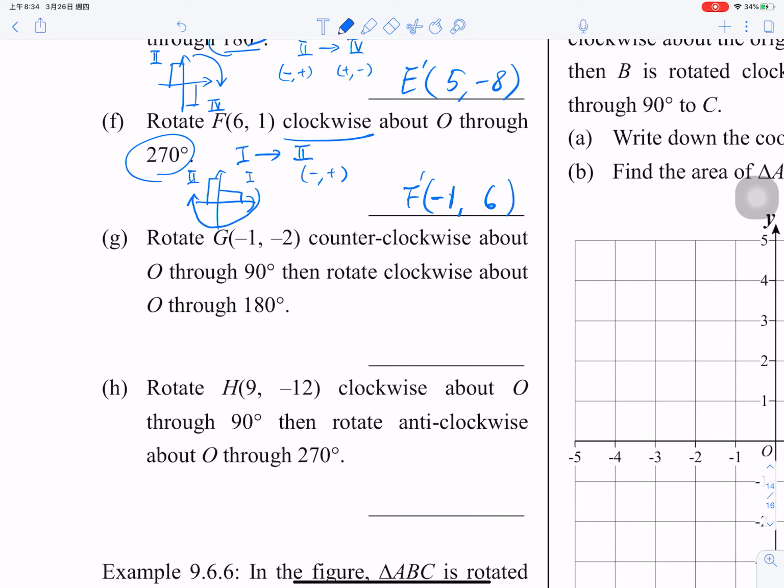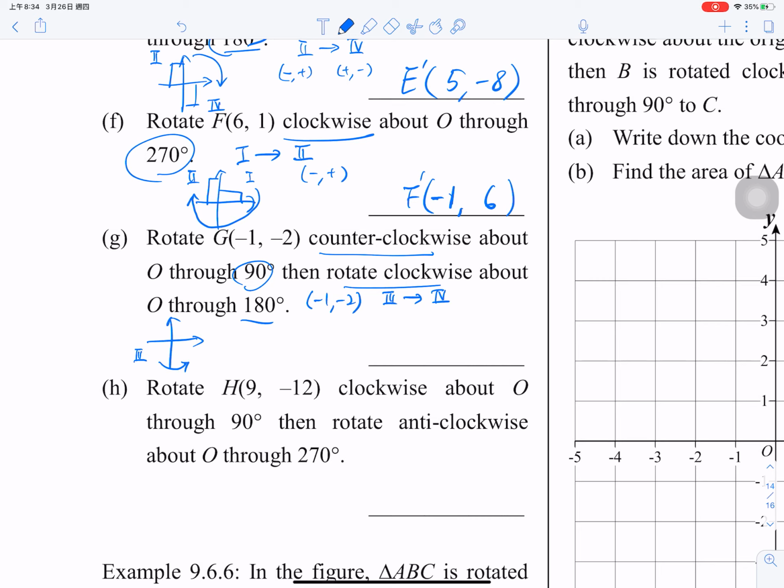Okay, let's see, G. Counterclockwise 90 degrees and then rotate clockwise 180. For the first one, it's quadrant 3, right? 3, 2, counterclockwise. That means like this, to quadrant 4.